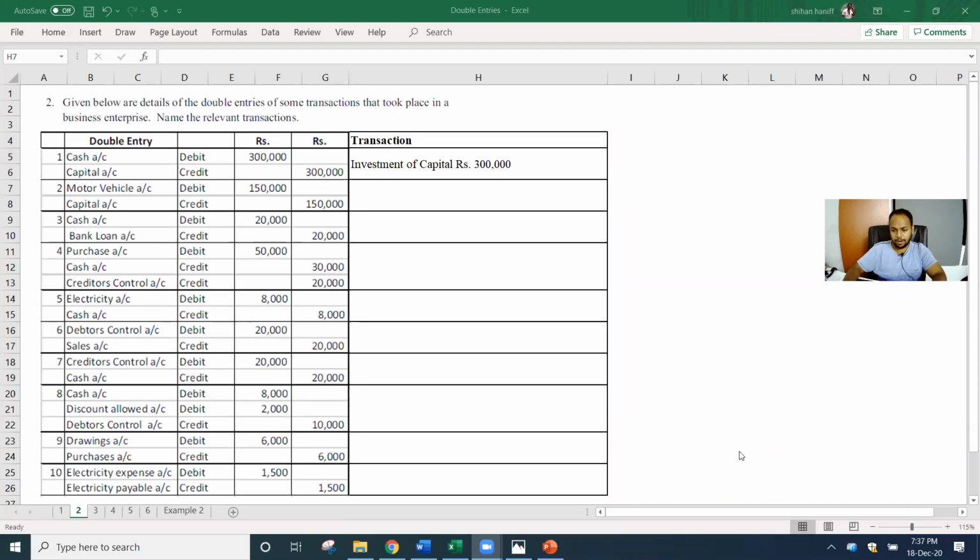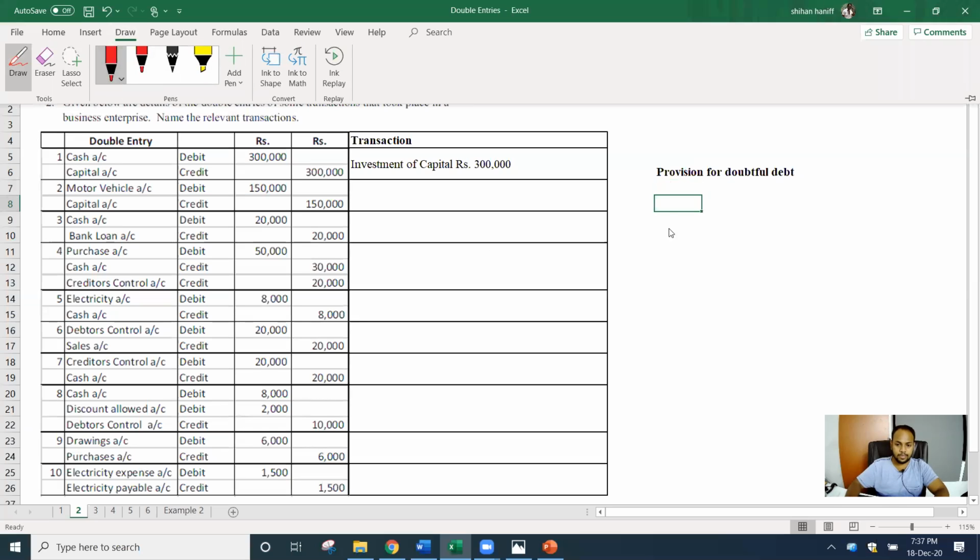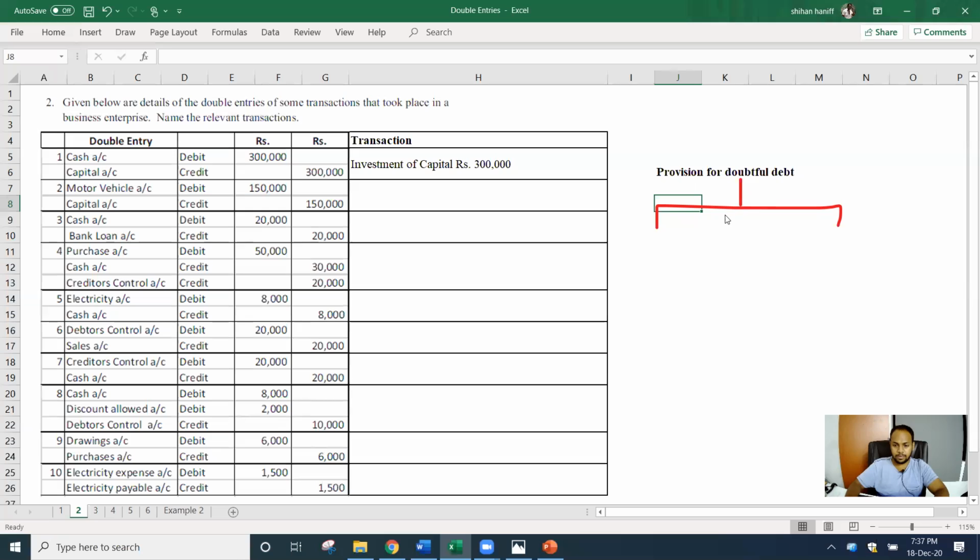Yes. There is a doubt. Can you explain the double entry for provision for doubtful debt? Double entry for doubtful debt now has two parts: under provision and over provision.